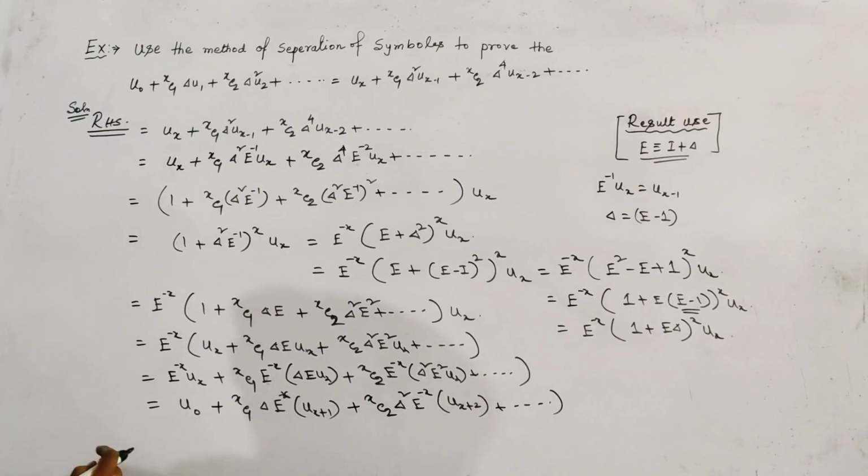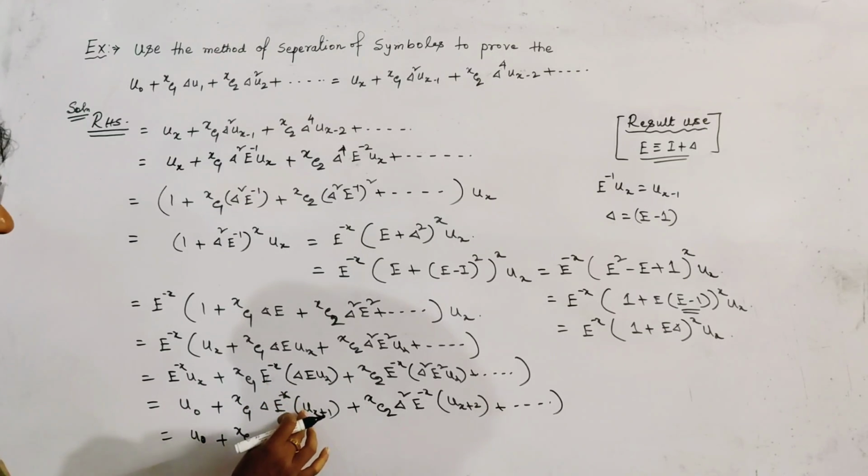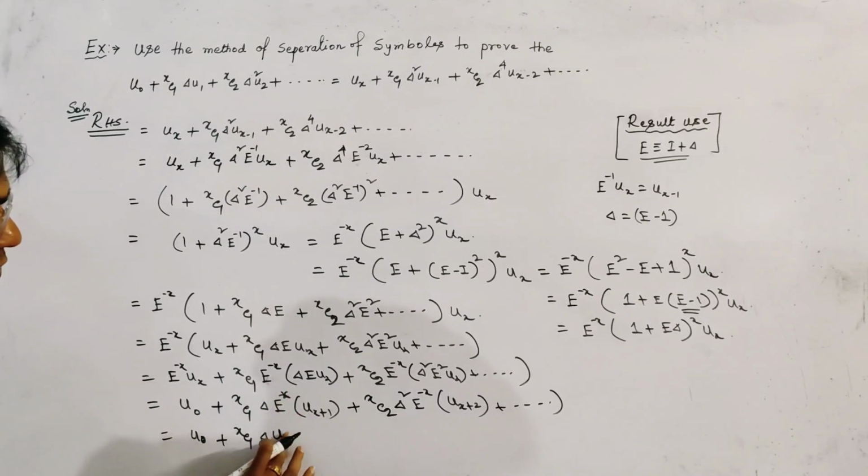So we write the final result as u0 plus xC1 Δ u1, because x+1-x, x cancels out, that is u1.